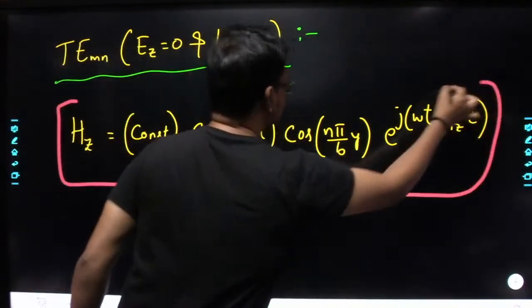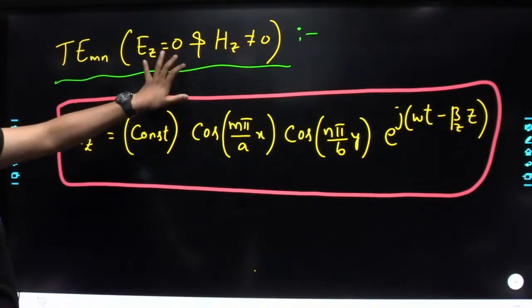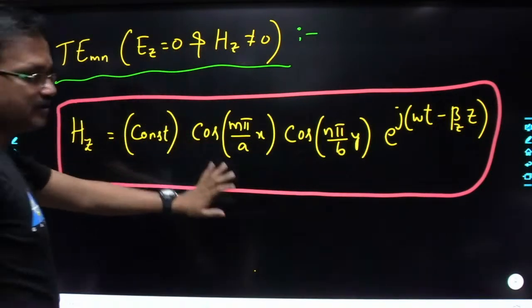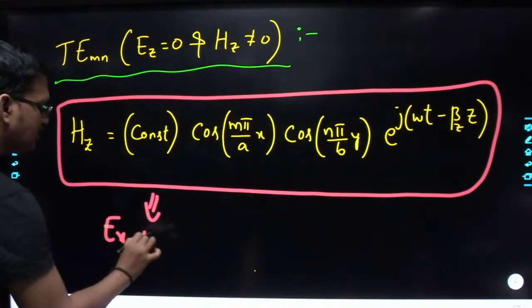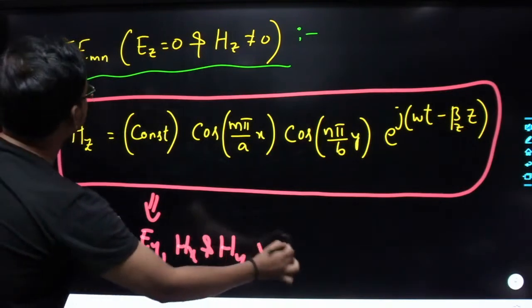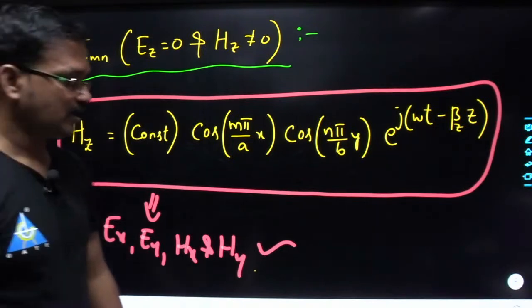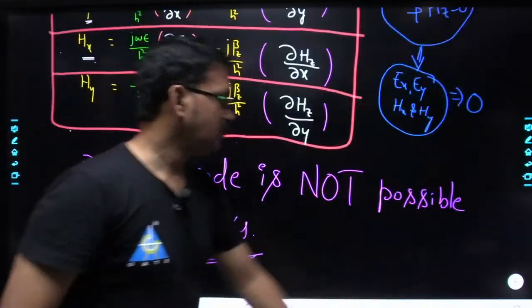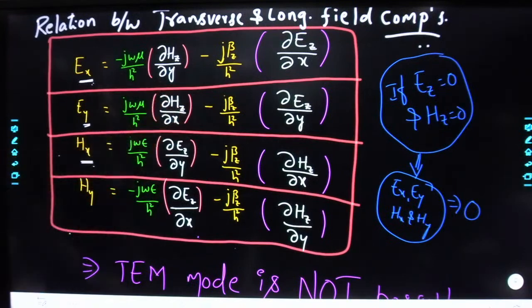If you know this Hz, and you place Ez equal to 0 and Hz equal to this one, then you can get all the expressions for Ex, Ey, Hx and Hy. Yes or no? Here we have the relation between the transverse field components and longitudinal field components.